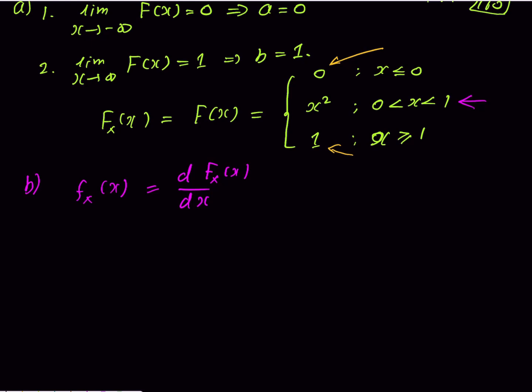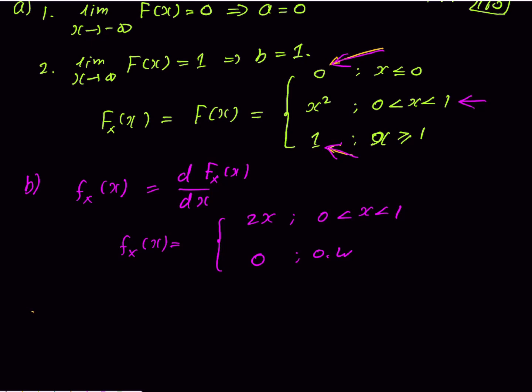Therefore, we can write f(x) is 2x in the range 0 to 1, and otherwise it is always 0, because if you consider one by one, the derivative of a constant is 0. So it is always 0, but we consider only 0 to 1.